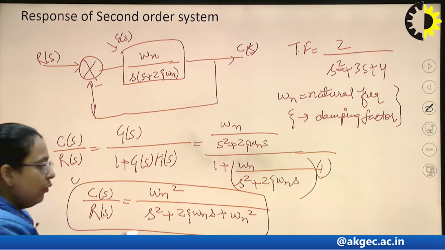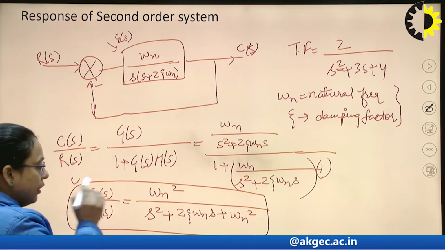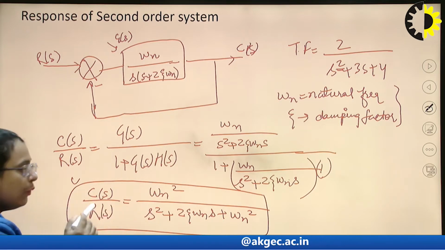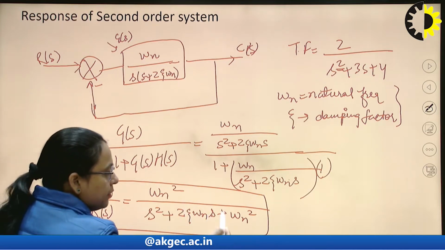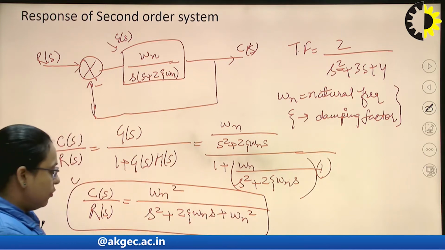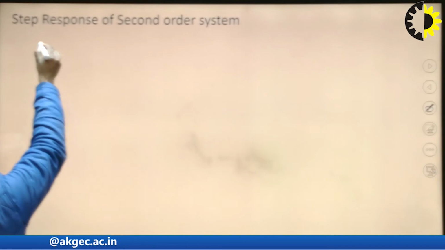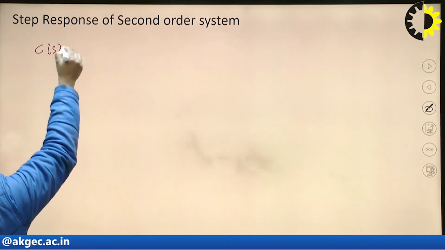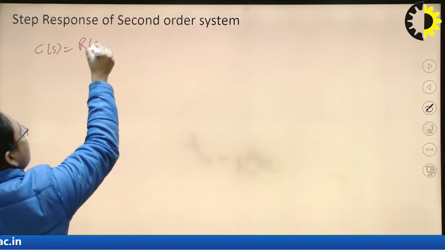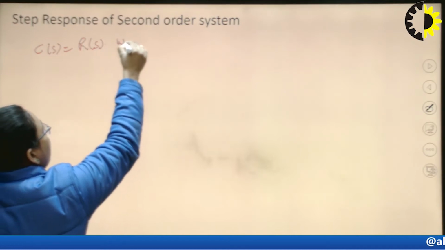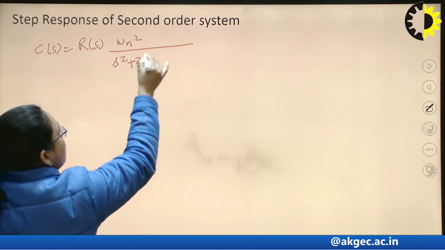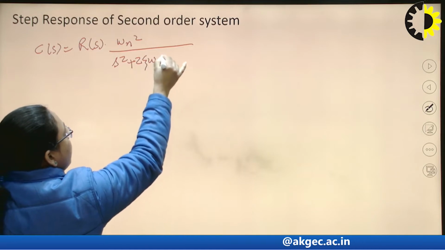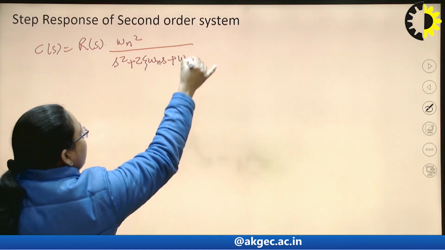From this transfer function, the response of the system will be equal to Rs into omega n square upon s square plus 2 zeta omega n s plus omega n square, right?